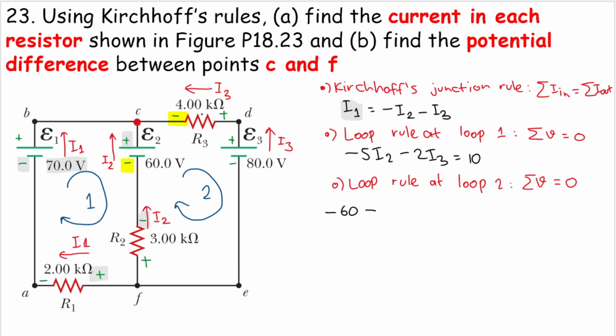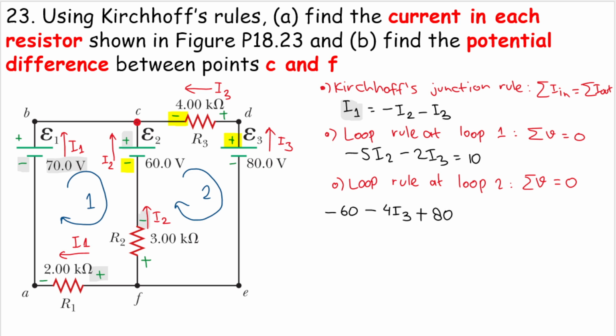But then this is resistor. We need to multiply it by the current to get it, right? So I'll have 4I3. Good. And then now let's move on to this E3 here. And here the loop is entering from the positive terminal. So I will have positive sign, so plus, and the voltage here is 80.